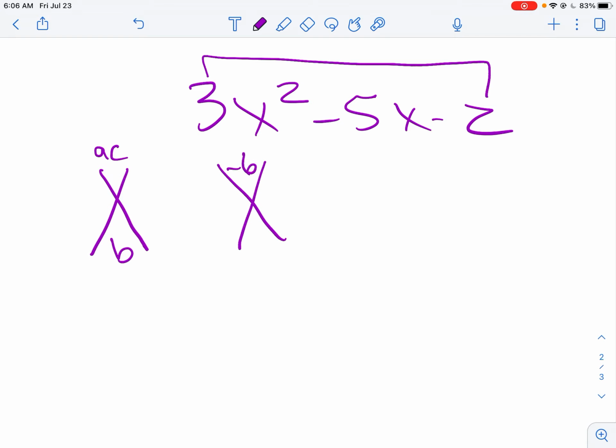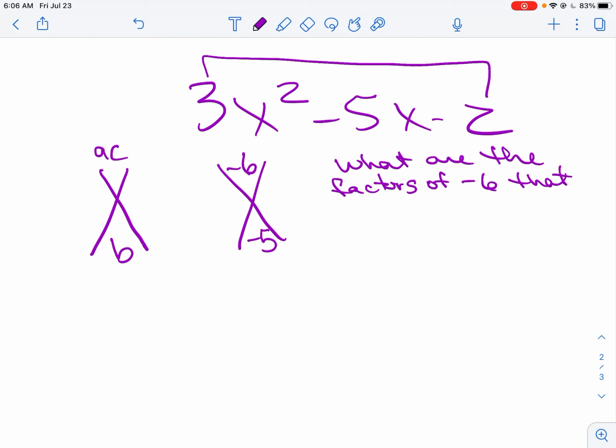Then the B value goes down below. So what are the factors of -6 that add to -5?